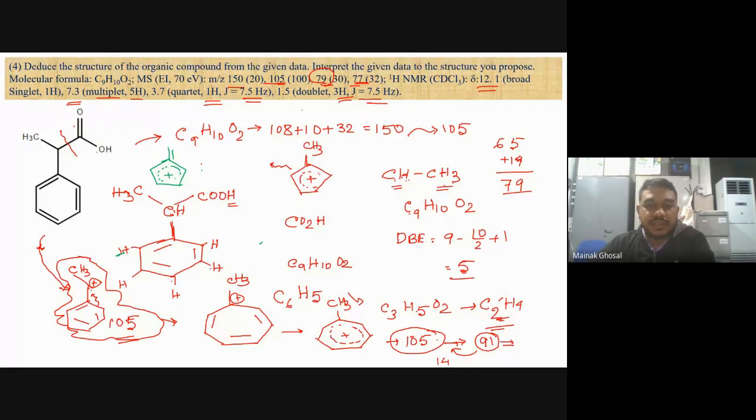So this is 79. If you remove H2 from here, this will form a double bond, so this will show your 77. So these are all the fragments for this molecule which you will see in this picture, and this is the compound. Got it?